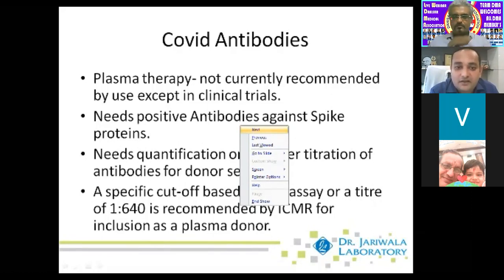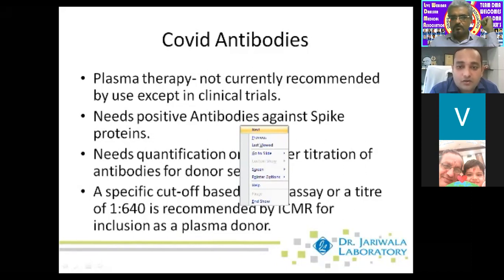When we say antibodies against spike proteins, it means that the patient has developed antibodies which neutralize or block the entry of the virus into the host cell. These are the type of antibodies which should be present in a patient's sample for him to be eligible as a plasma donor.